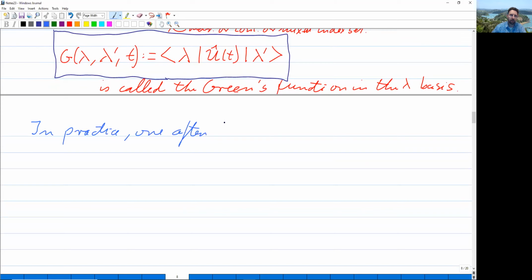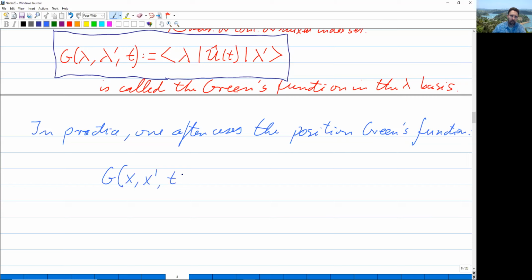One often uses the position Green's function. So we then define G of x, x prime, t is equal to x u hat of t x prime.